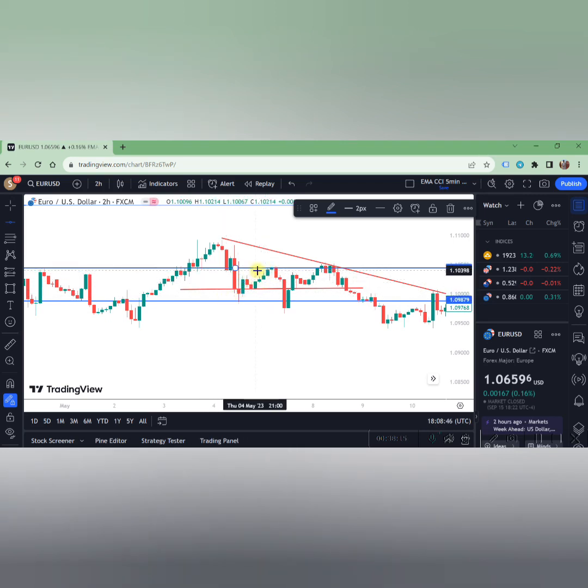It took 8 candles, which is approximately 16 hours, for price to go from this point to this point. However, let's look at what happens when the price was to go in the opposite direction. For price to come from this point to this point, how many candles did it take? Even longer than where it started from. 1, 2, 3. Just 3 candles. So you can realize that the momentum down is usually heavier than the momentum up.